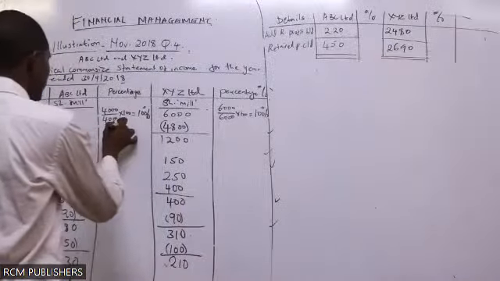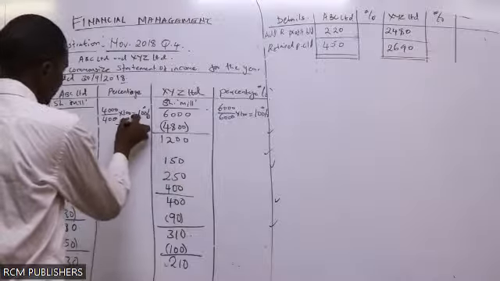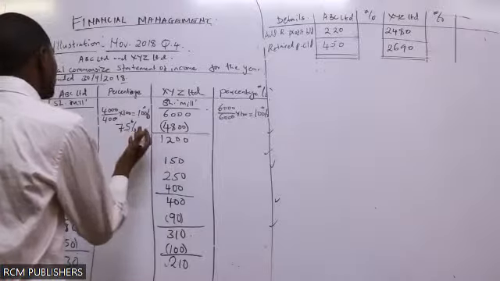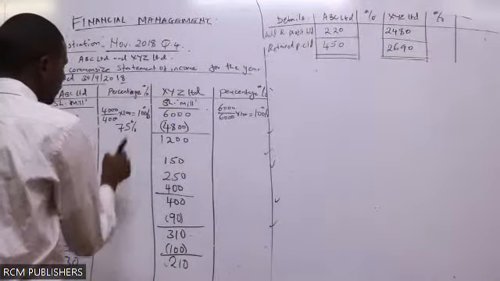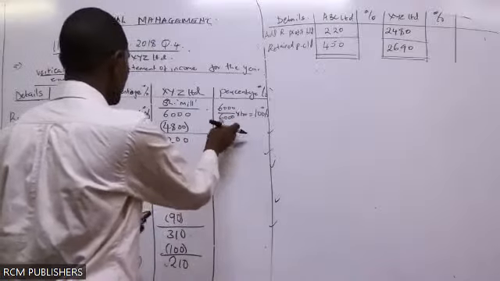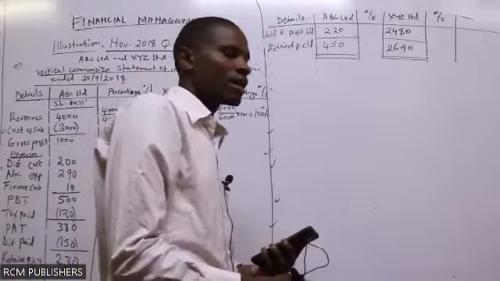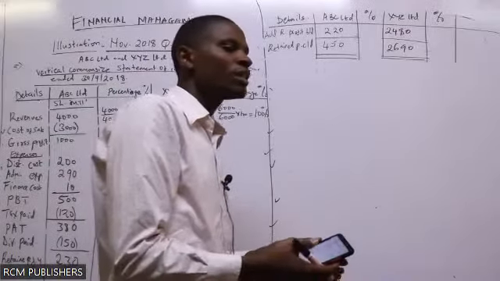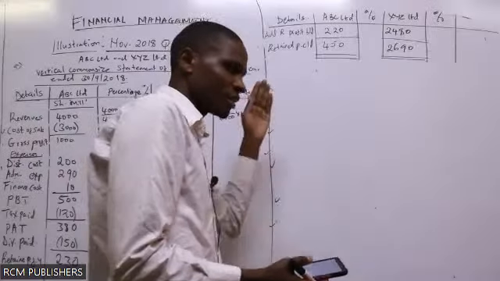I hope that is for this one. So I just put this one, 75%. The percentages are here, but let me just name them percent. Tumalize ABC Limited kwanza. Let's first of all finish ABC Limited.